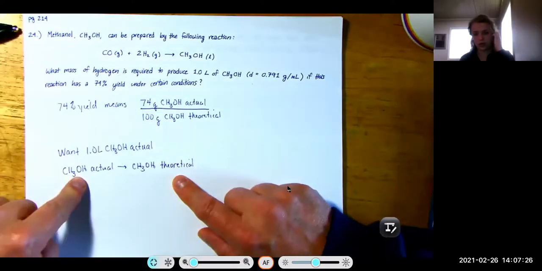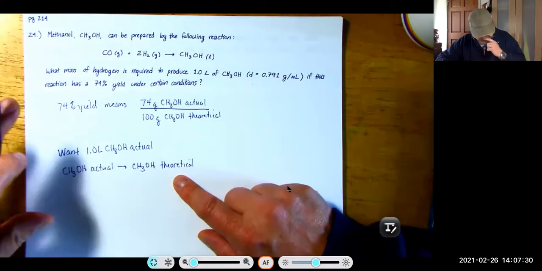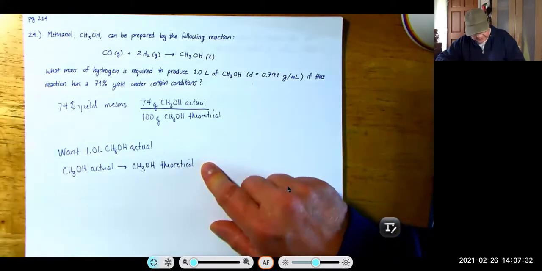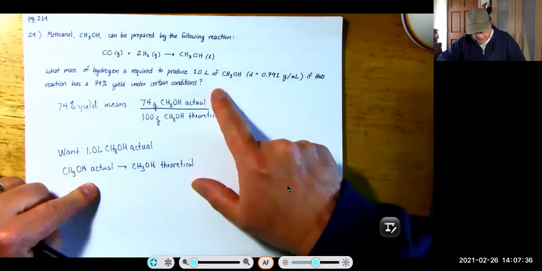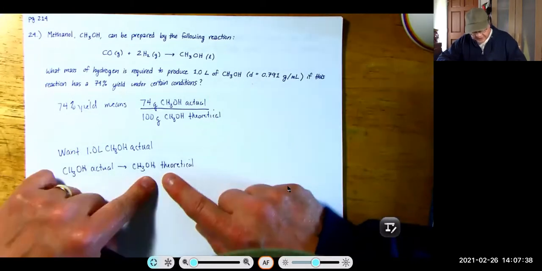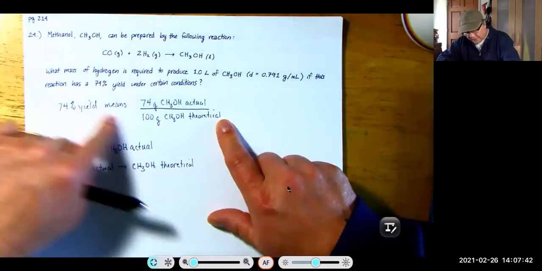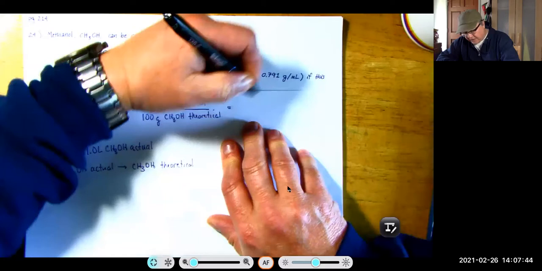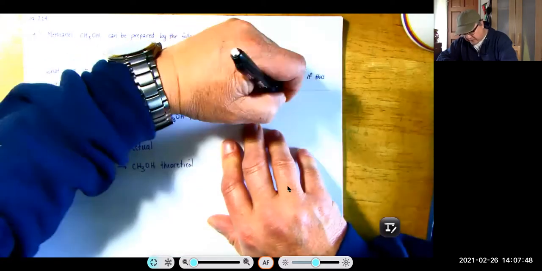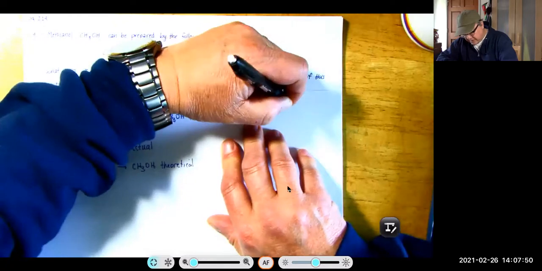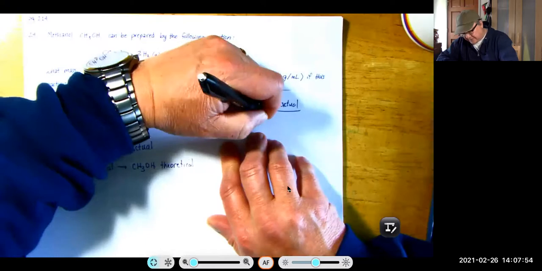Okay. Now, we have a little bit of a dilemma here because this is how much we want actual, 1 liter. And we can convert this to theoretical, because this percentage could also be 74 liters of methanol actual to 100 liters of methanol theoretical.